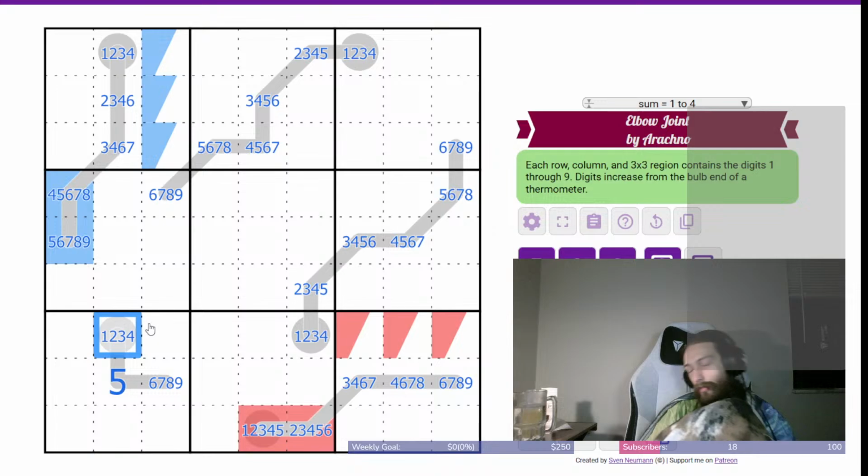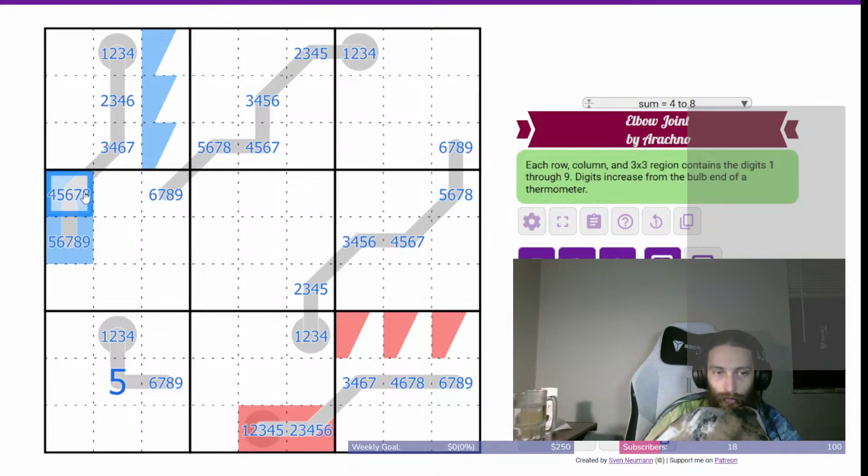Yeah, that's not necessary. If this is 4, then that would be 1, 2, 3, and that would have to be 4. But I don't think if this is 4, then that has to be 4. It could end up being 5 and the other blue here.